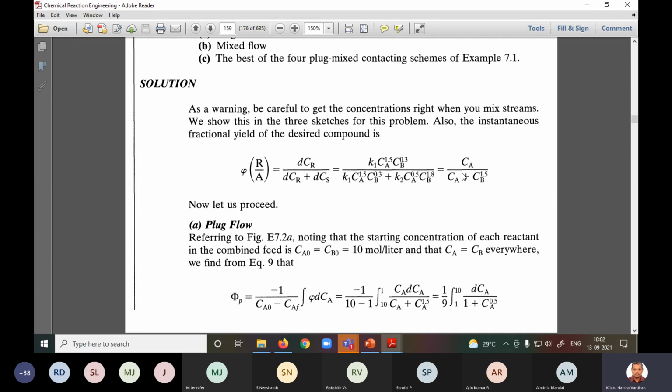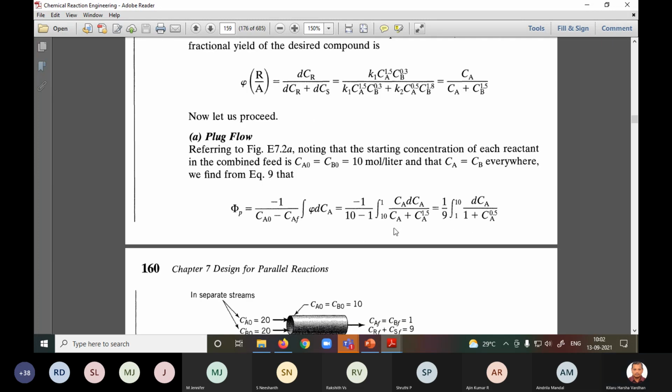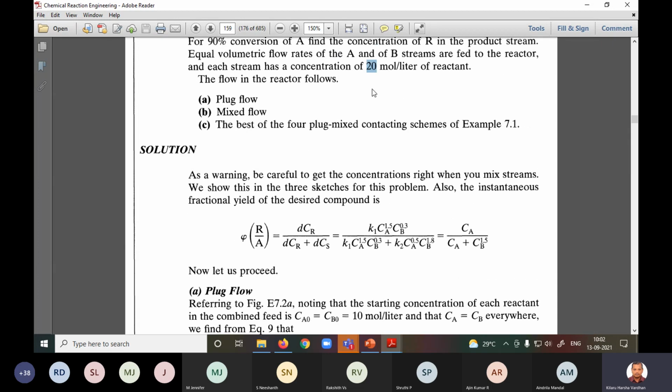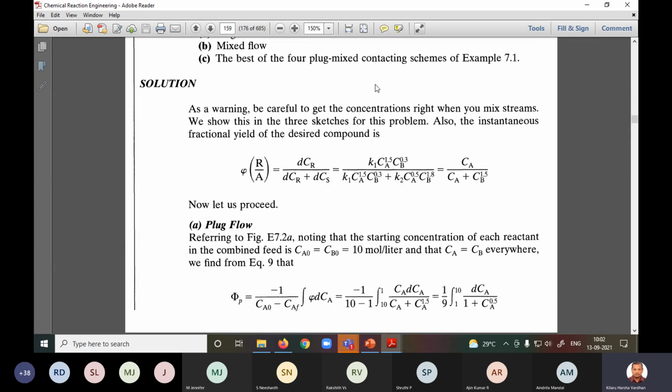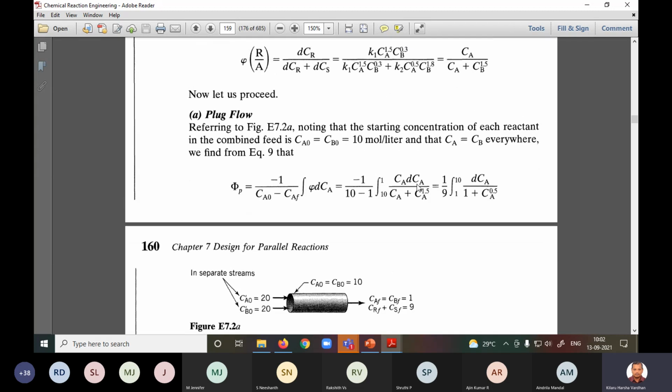Phi is nothing but Ca by Ca plus Cb power 0.5 into dCA. Correct? Ca is Cb. We know that, the same concentration, so equal volumetric flow rates. So Ca you can write as Cb. That is what we are doing here.